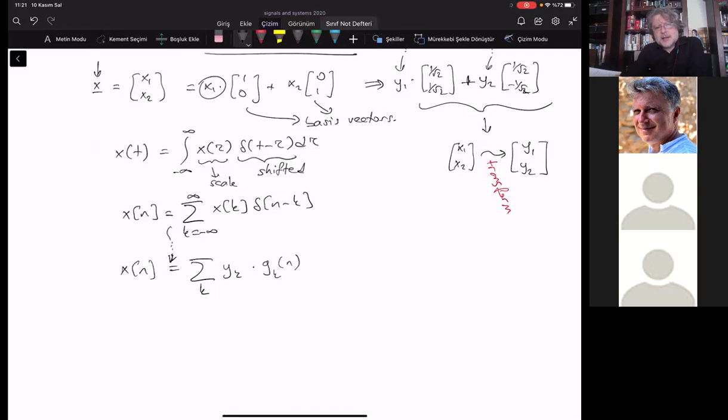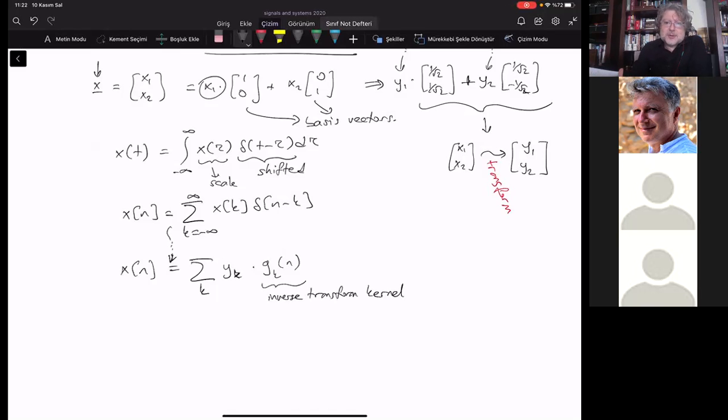Okay, it arrives. If I can write x of n like this, then from the values of x of n to the values of y k, this would correspond to the transformation. And in that transformation terminology, this is known as the inverse transform kernel.